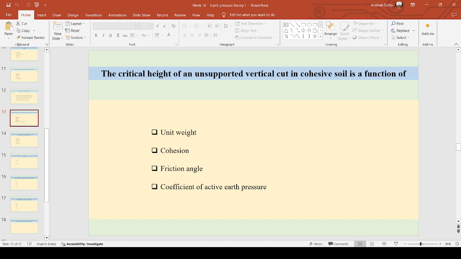Your options are unit weight, cohesion, friction angle, or coefficient of active earth pressure.